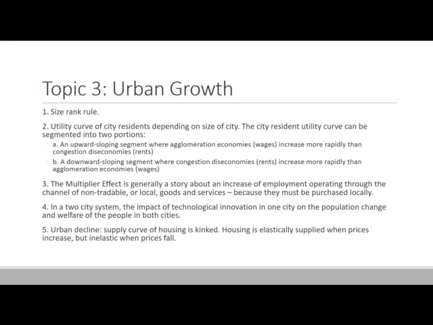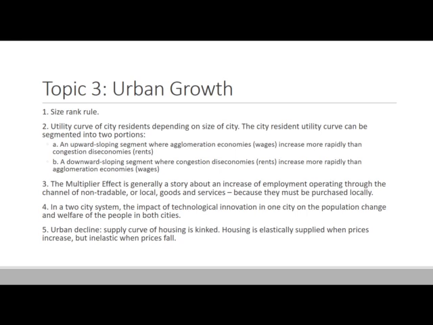And finally, the fifth knowledge point of urban growth is something we call urban decline. So basically, we also look at a case study or example of Detroit in the US. Here we need to understand why housing prices tend to decline very sharply when you have urban decline.